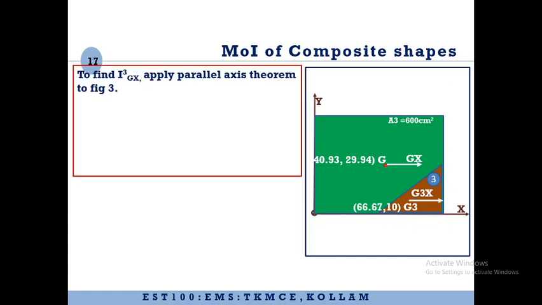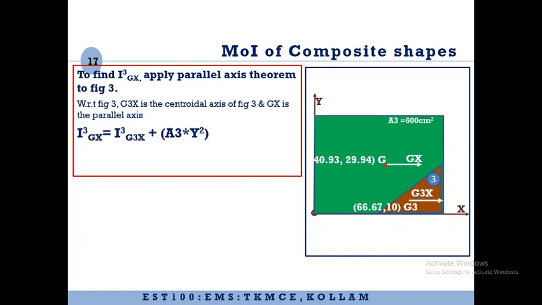Now to find IGX of 3, we apply the parallel axis theorem to figure 3. Again we are considering figure 3, therefore G3x is the centroidal axis and Gx is the parallel axis. So IGX of 3 is equal to IG3x of 3 plus A3 into y square. The distance between the two x-axes is nothing but the difference of the y coordinate of G and G3.